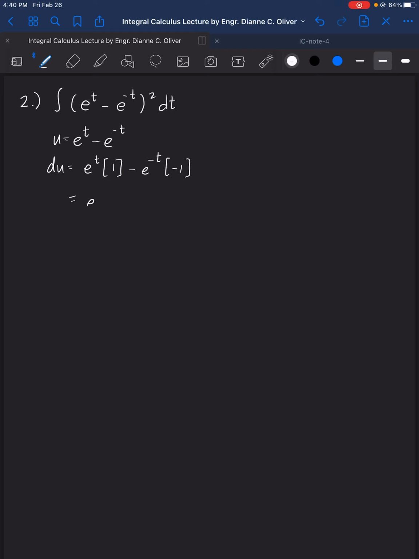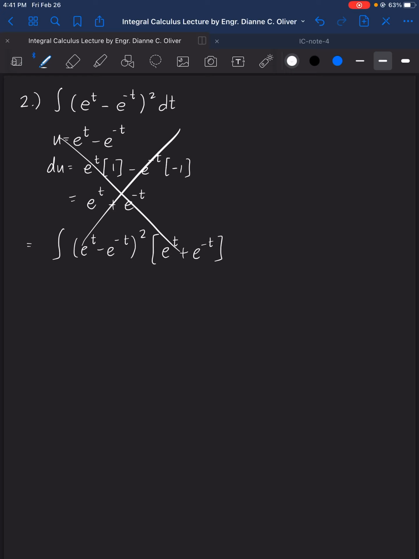So that is equal to e raised to t plus e raised to negative t. Then, using the pattern for the power formula, we have u raised to the exponent 2, then the du, which is e raised to t plus e raised to negative t, which is not the same as the given. Therefore, the power formula is not going to be used.